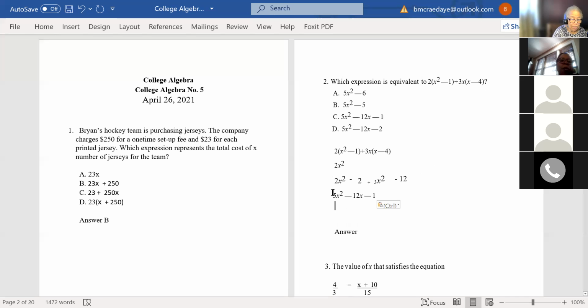So this is 2x squared, minus 2. And plus, let's put the 3x squared there, and minus 12.